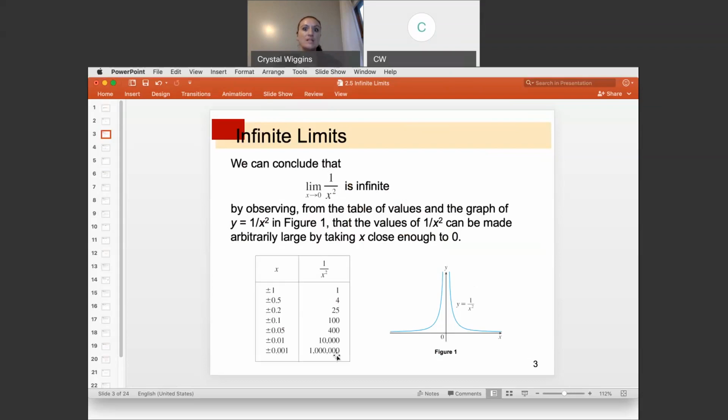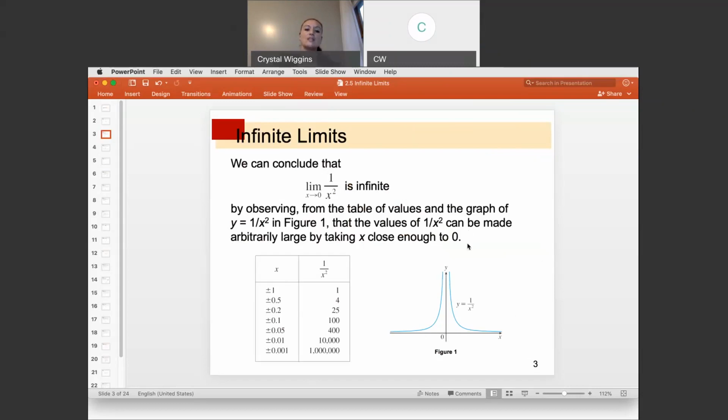And again, we did this when we were trying to show that there's a discontinuity at 0 in the other video on continuity. So because these are both approaching positive infinity from the left and the right, the limit is infinity.